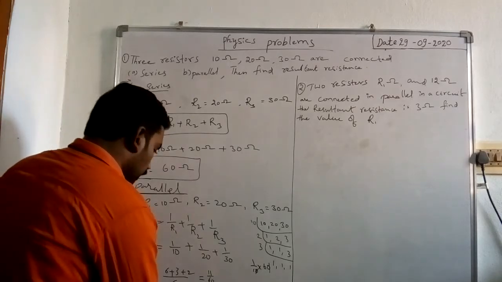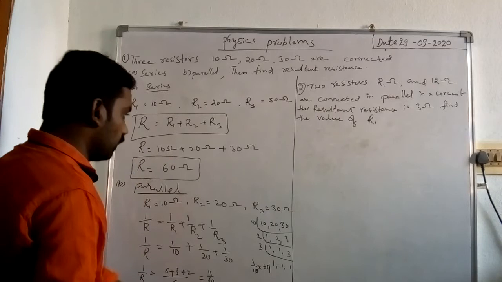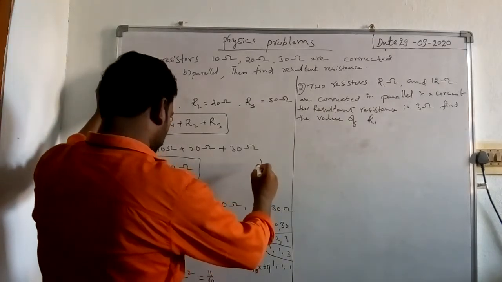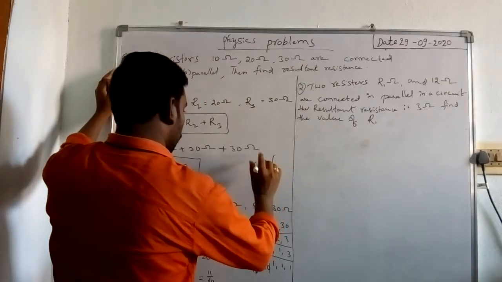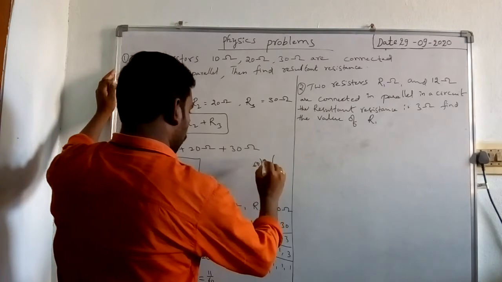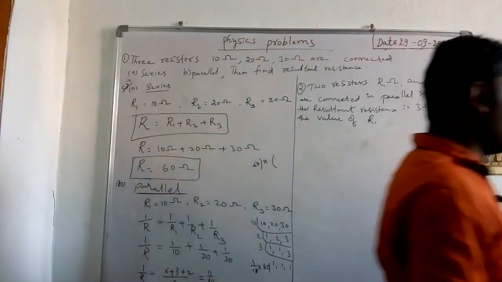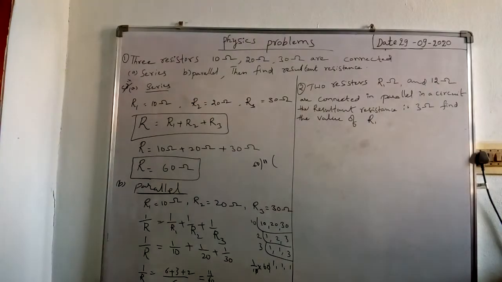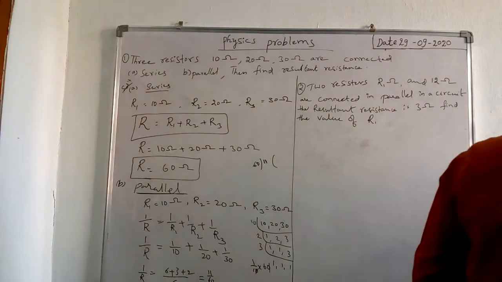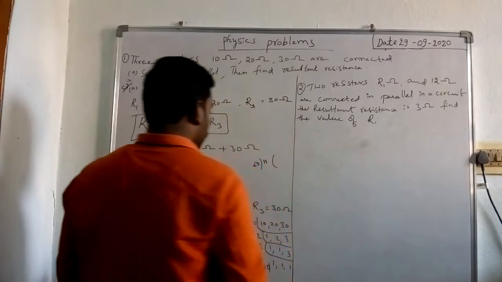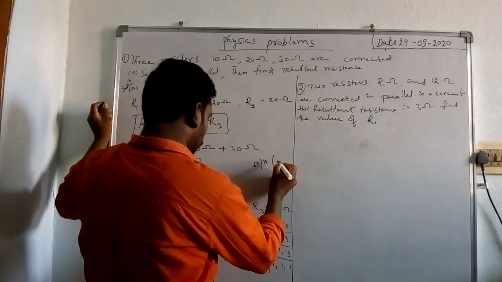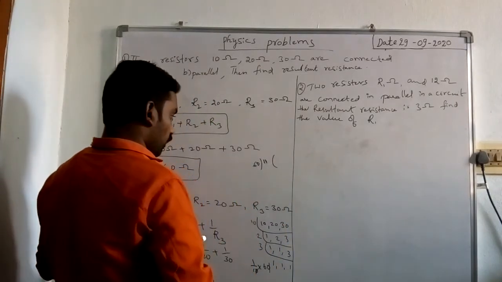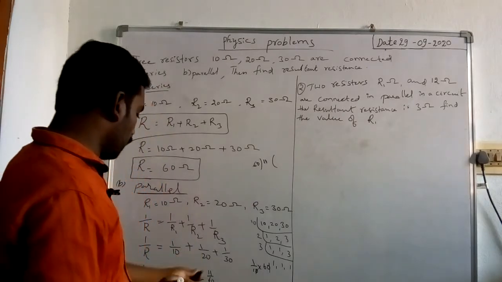Here you have to find the value of 11 by 60, how much? Divide 11 by 60. Eleven by 60, how much will we get?